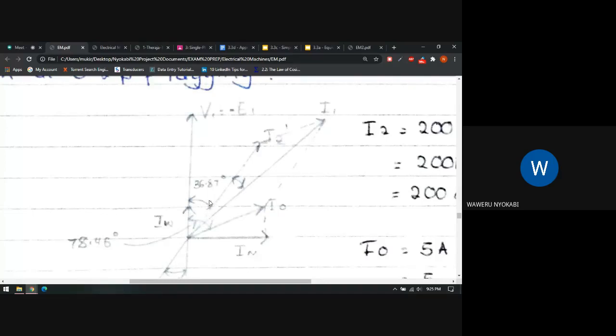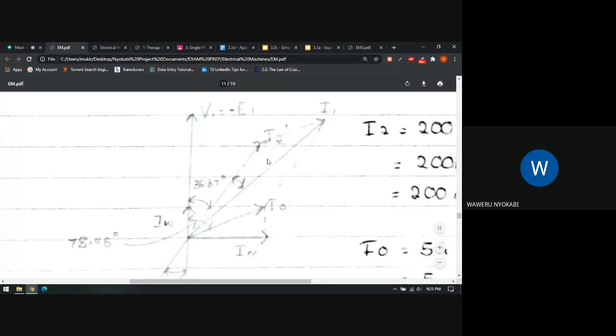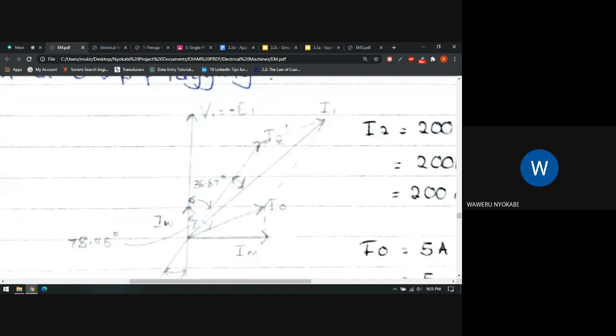And what are we looking for? We're looking for this I1, which is the primary current. So what's the first thing we can get if we have the angle between here and here, and the angle all the way between here and here? It means we can get the angle at which I1 is lagging.